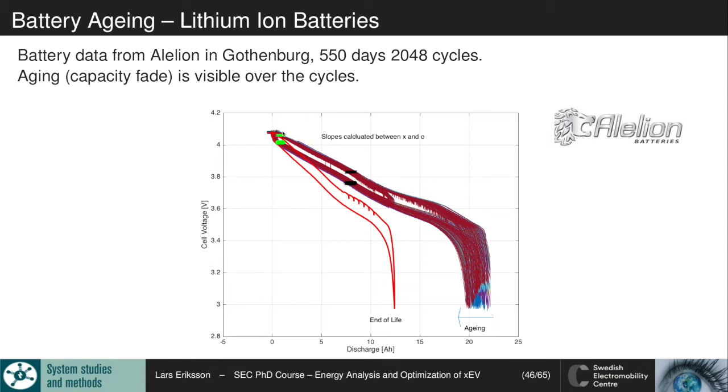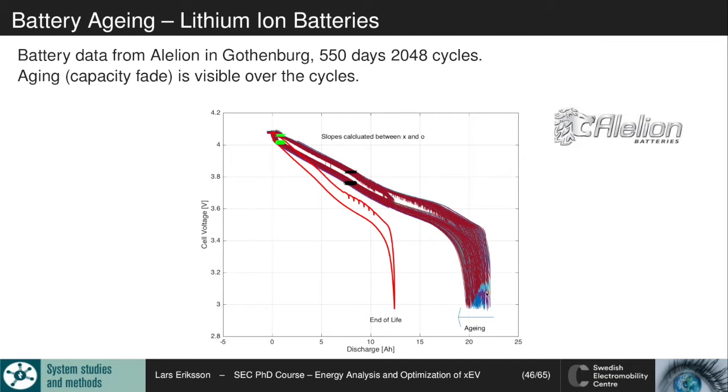Another thing that we need to look at here is to monitor the state of charge. And if we just would do Coulomb counting, that is, we're measuring the current and we're counting the charge that is going into and out of the battery.